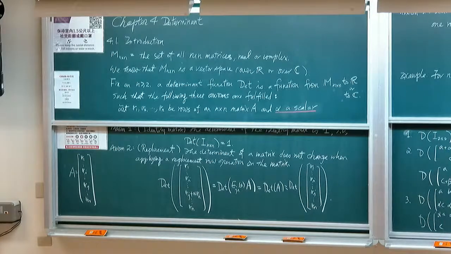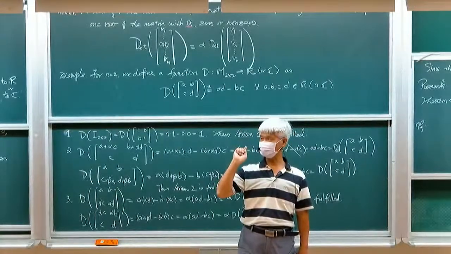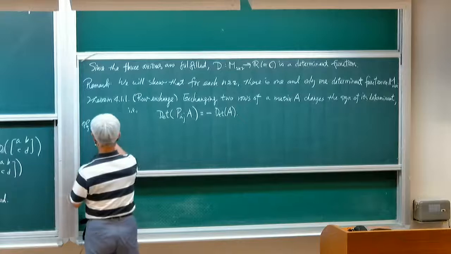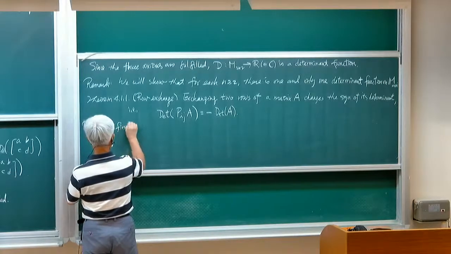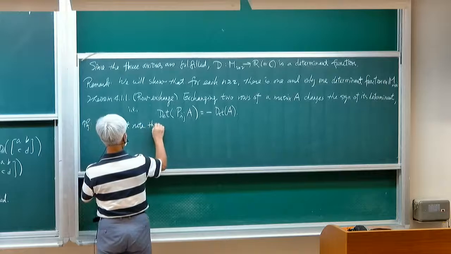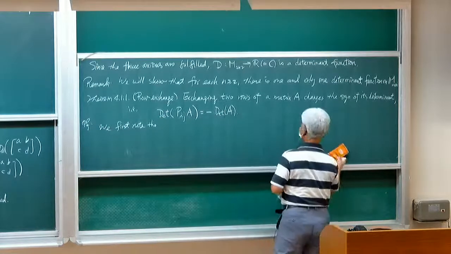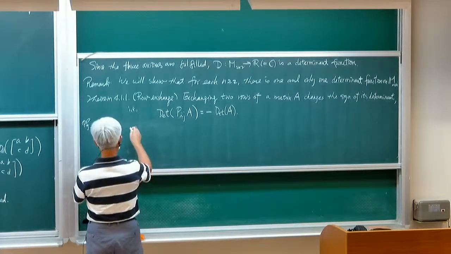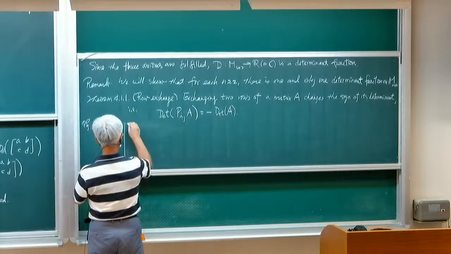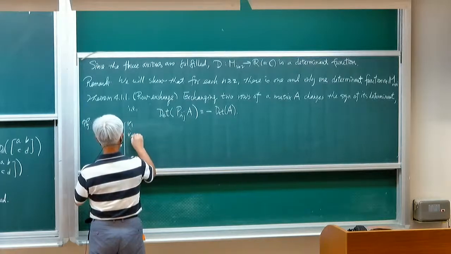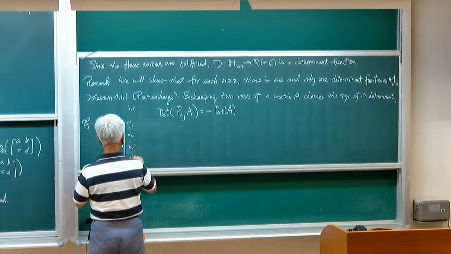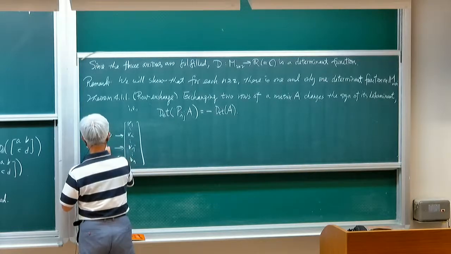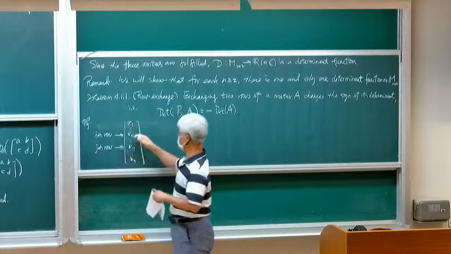I hope you remember one of the exercises you did before. Okay, so I want to save my time. The purpose is that we want to exchange the i-th and the j-th rows of matrix A, right? So we want to exchange them.